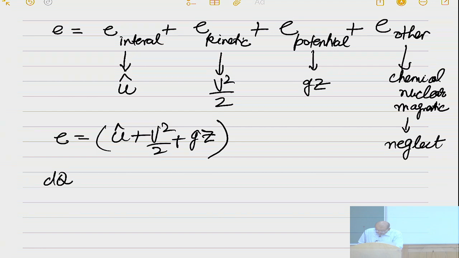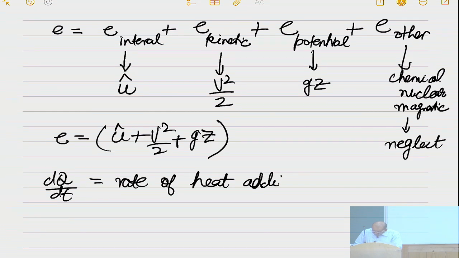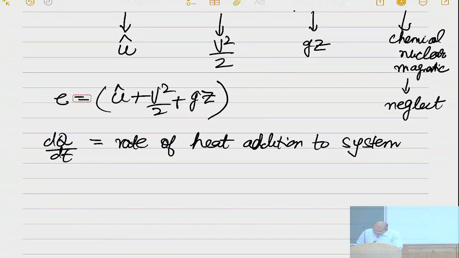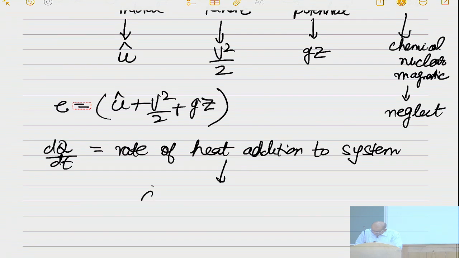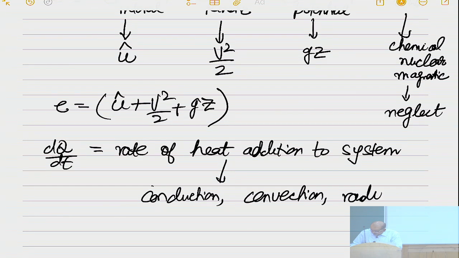And dQ by dt is the rate of heat addition to the system, and this heat could be added by conduction, convection or radiation.